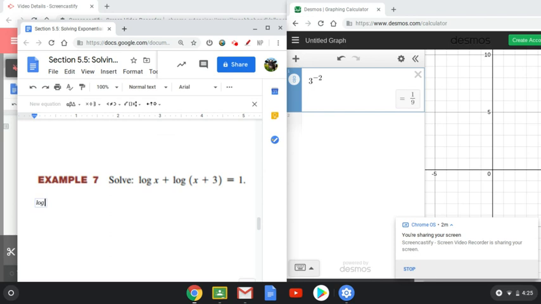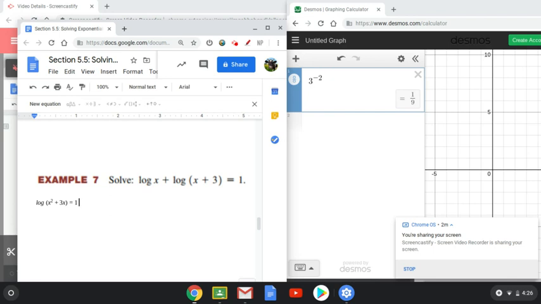I'm now just going to have one log, and I'm going to take their arguments, so the x and the x plus 3, and multiply them together, so that I have now x squared plus 3x, and it still equals 1. Okay? Now that I've got these logarithms together, now I'm going to do exactly what I did on example 6, okay?